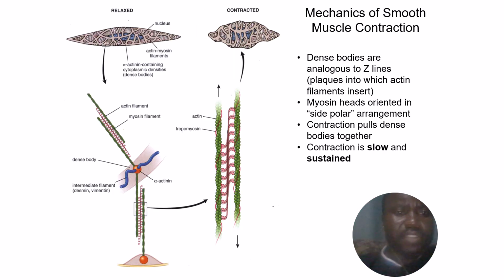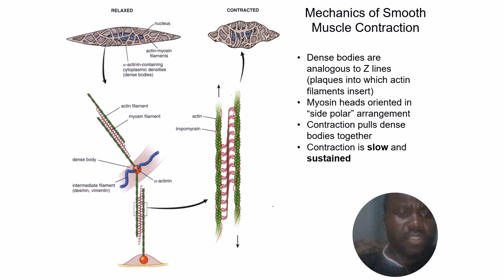The other component that you need to remember is that in skeletal muscle and cardiac muscle, there are sarcomeres. In smooth muscle, the sarcomeres are not so very organized, as we have highlighted in that histology. But here, the organization is a pseudo-sarcomere, where the Z lines are illustrated by dense bodies.